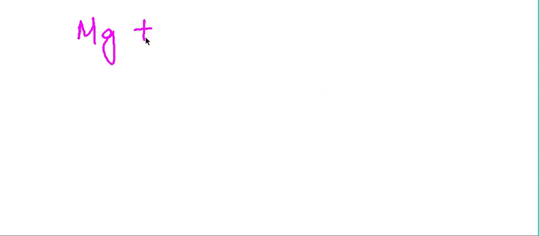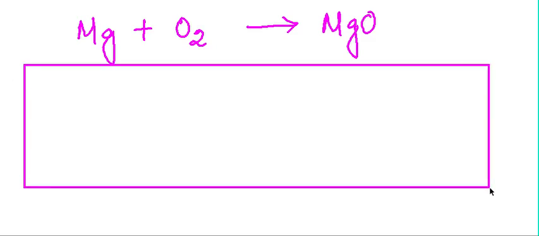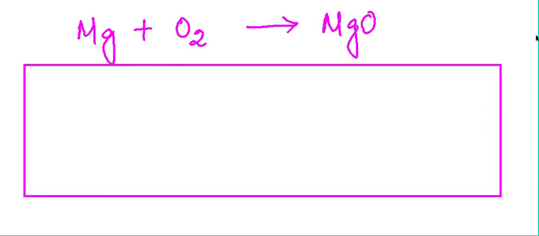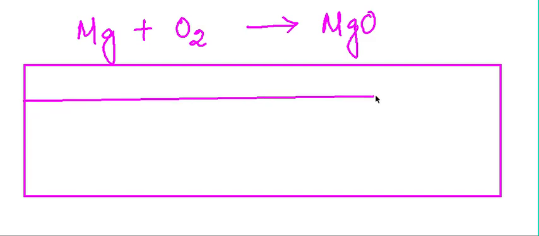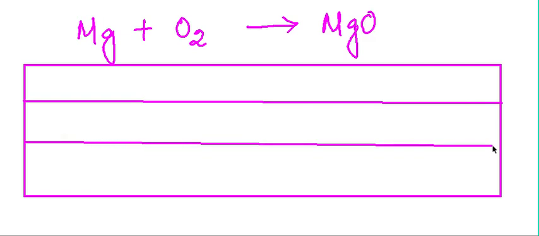So magnesium plus oxygen giving you magnesium oxide. After writing this chemical equation, we are going to draw a table below it in which we write the elements and their number of atoms present on both sides.